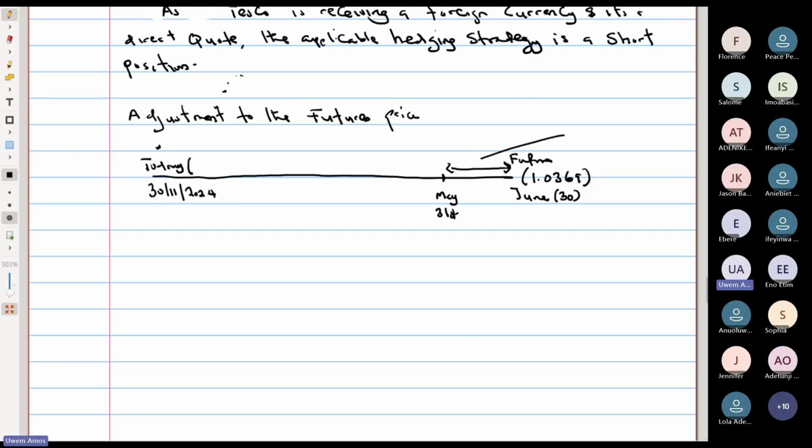We need to adjust for the unused part. We need to adjust the price for the unused part because of that difference.